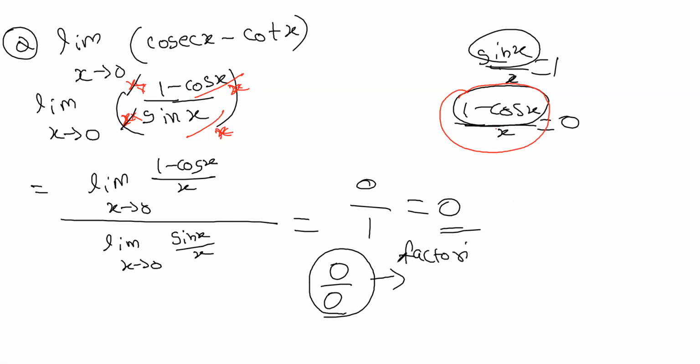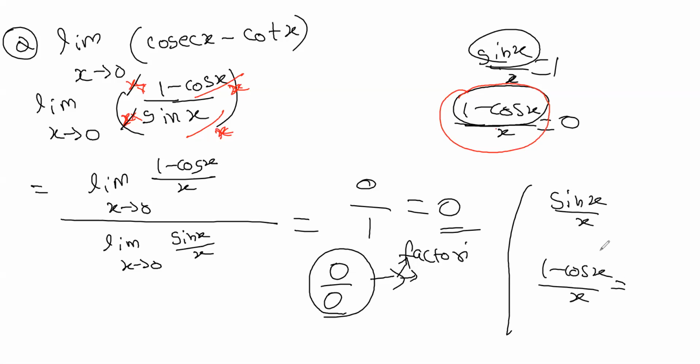But there's nothing common between 1 minus cos x and sin x, right? This is directly in the standard form. Sin x by x is the standard form. 1 minus cos x by x is the standard form.